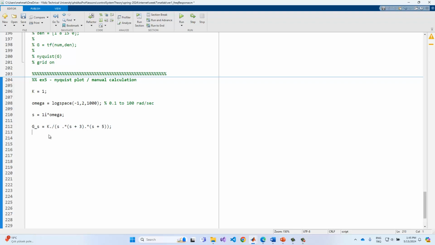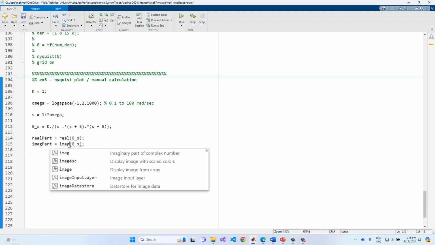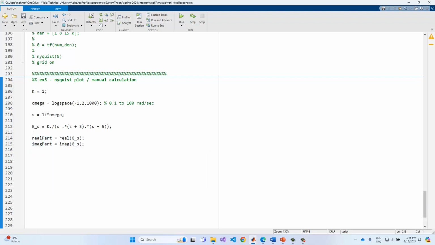Okay, and after that we need to find the real part of this system. The real returns the real part of G(s). Okay, and also we can give the imaginary part of this system, imag, and this is the imag. These are two terms, okay?